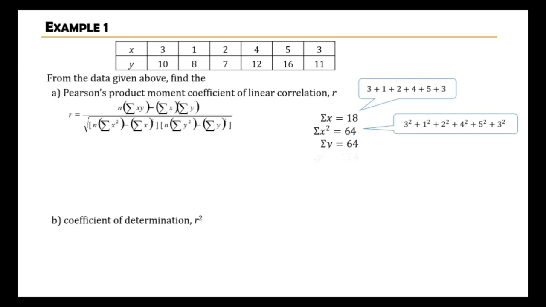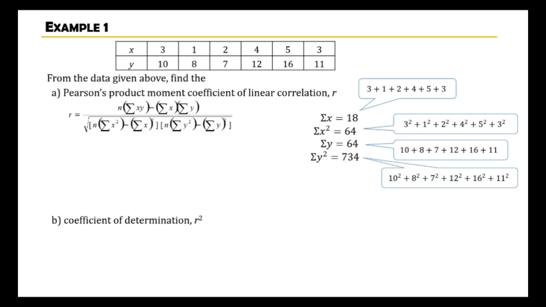And the total of y is 64. The sum of the values of y, 10 plus 8 plus 7 and so on. Total of y squared, also the sum of the squares of y, 10 squared plus 8 squared plus 7 squared and so on. And total x times y equals 3 times 10 plus 1 times 8 plus 2 times 7 and so on. And n is 6.